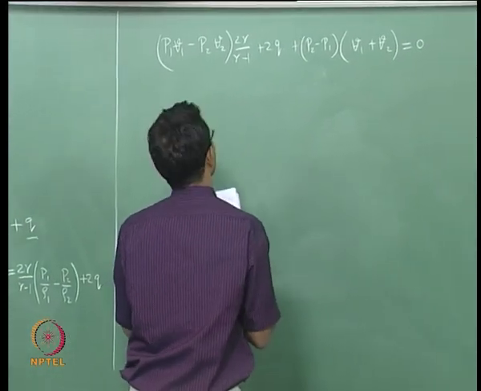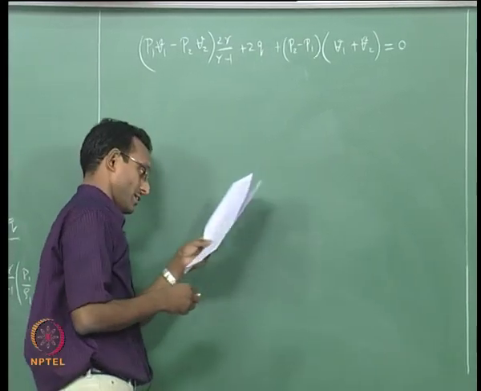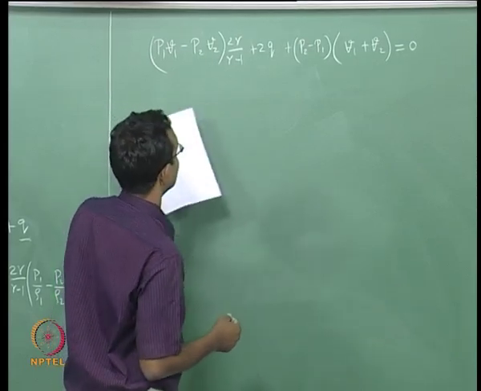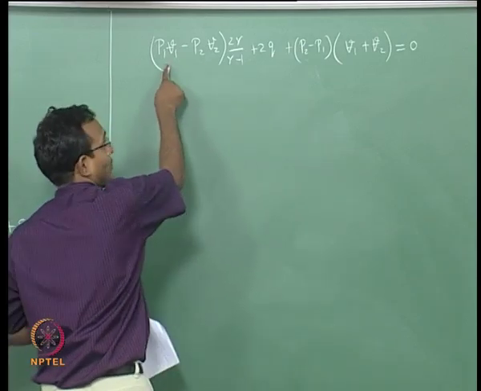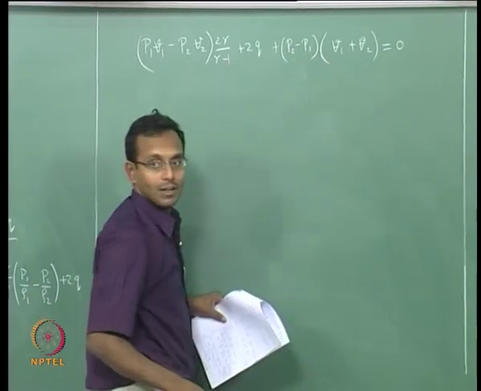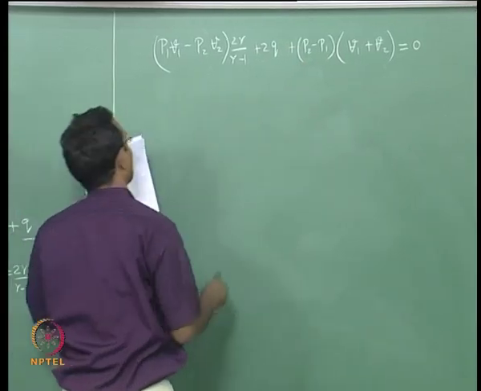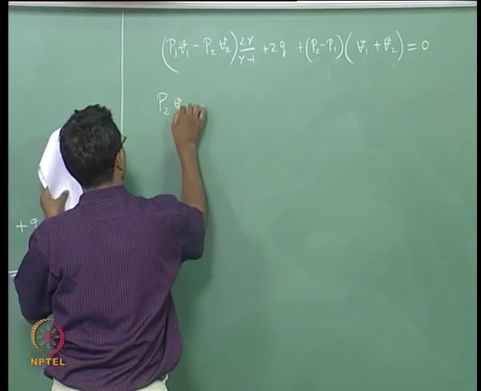Okay. So, now from here I will group the terms such that I will have P2 V2 terms together. Okay, I have P2 V2 here, I have P2 V2 here. Similarly, P1 V1 here, P1 V1 here, and of course I also have P2 V1 and P1 V2. We will leave those out for now. Okay, we will group all the terms in a nice way.